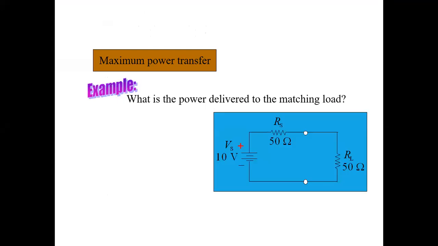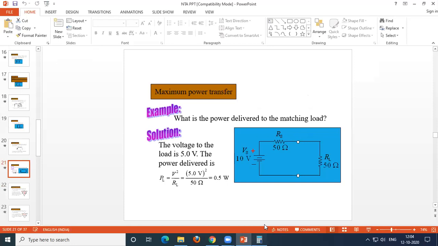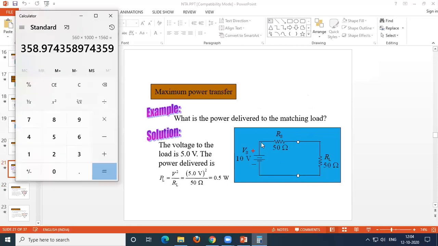So we will solve one example. What is the power delivered to the matching load? How are we able to calculate the power? We know that power is equal to voltage into current, or in the general way, the power delivered to that load RL we are able to calculate through the calculator here. In our circuit, a 50 ohm resistor is in series with a 50 ohm resistor, which means the two values get added.